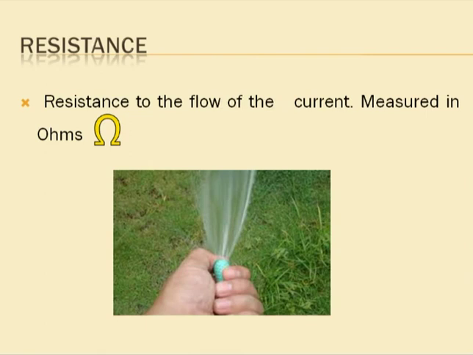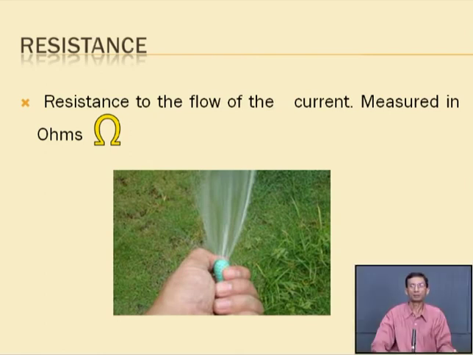That is known as the resistance of the circuit. The resistance of the circuit is measured in ohm, because we are discussing Ohm's law, and behind his name it is measured in ohm, represented by the symbol which is shown in the slide.